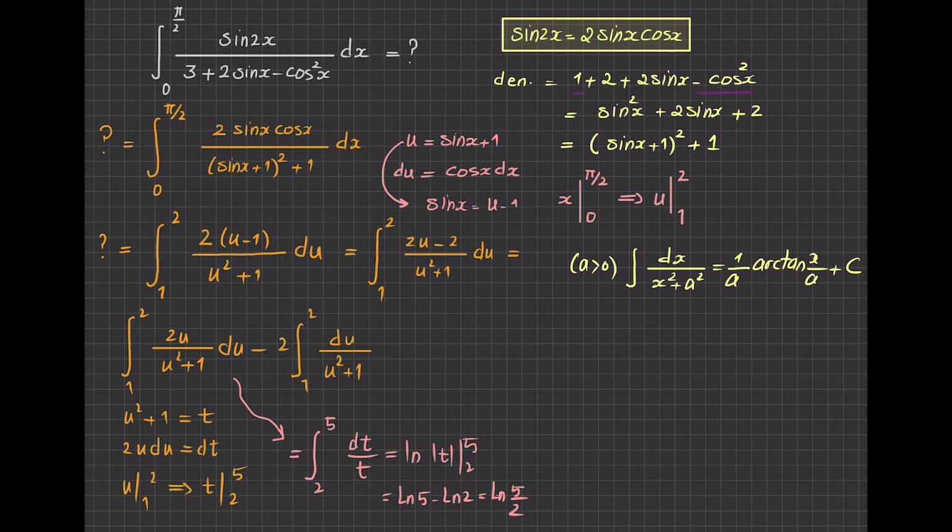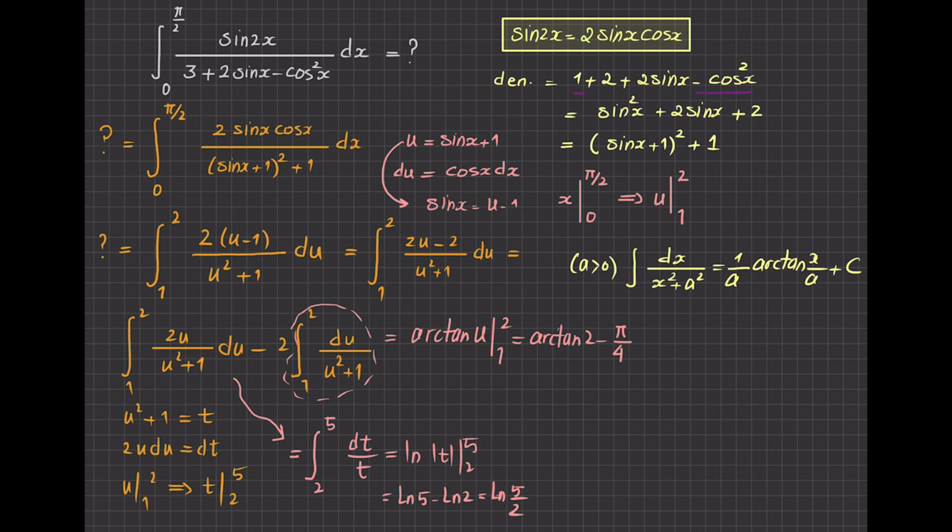So this integral is equal to 1 over a, which is 1, times arctangent of u over a, which is 1, from 1 to 2, which becomes arctangent of 2 minus arctangent of 1. Arctangent of 1 is simply pi over 4.